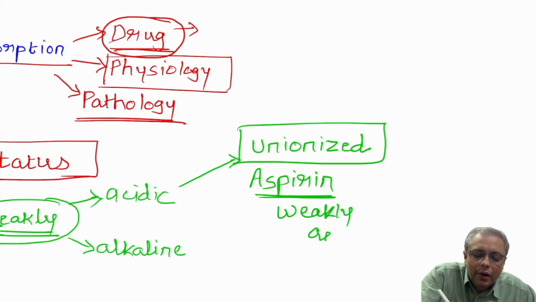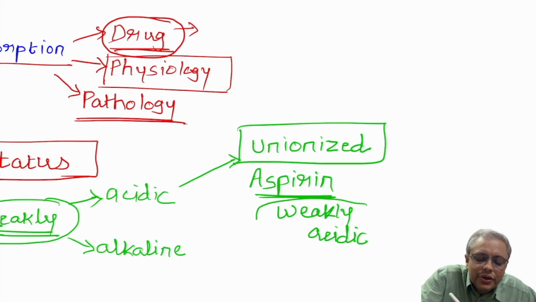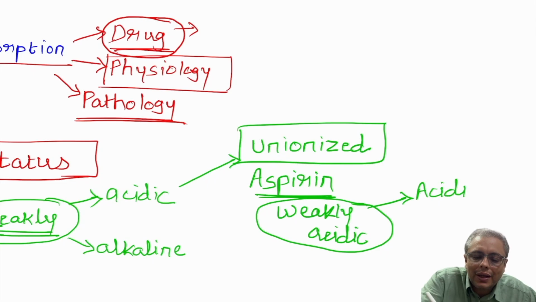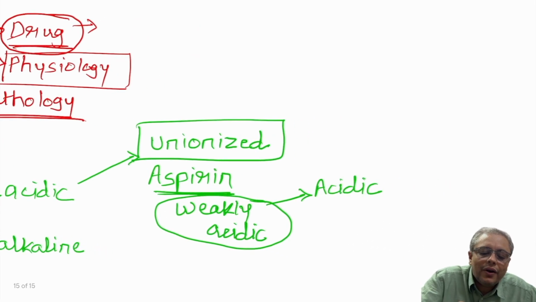If you think about in which environment this drug remains unionized, obviously the acidic drug remains unionized in an acidic environment. And where is the acidic environment? The acidic environment is there in the stomach.